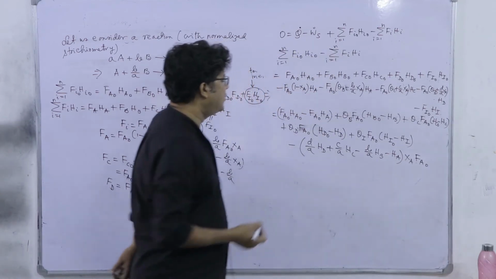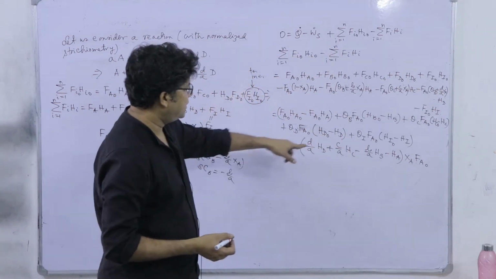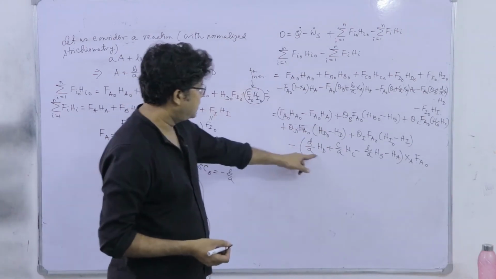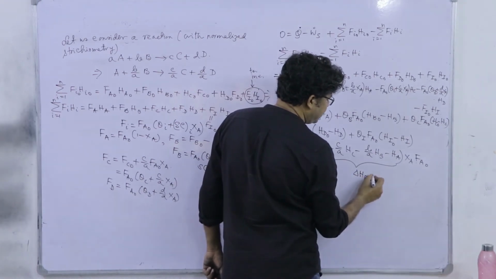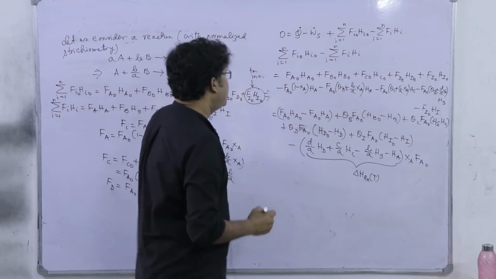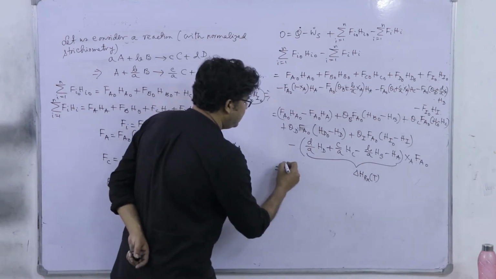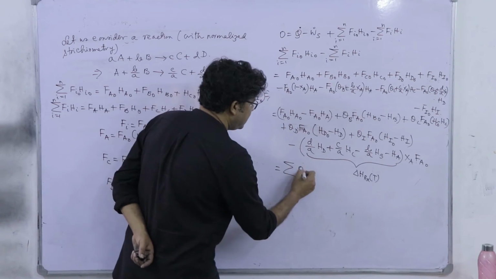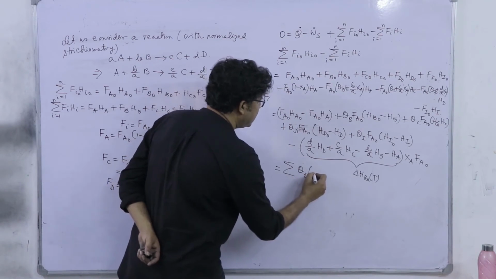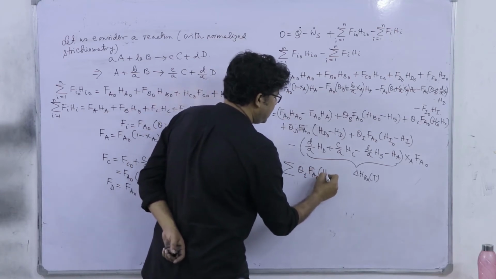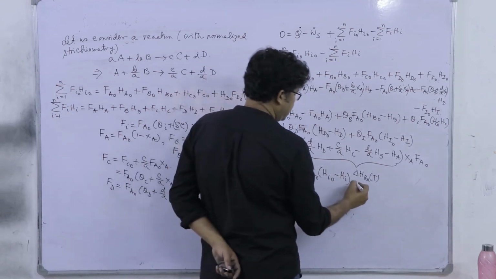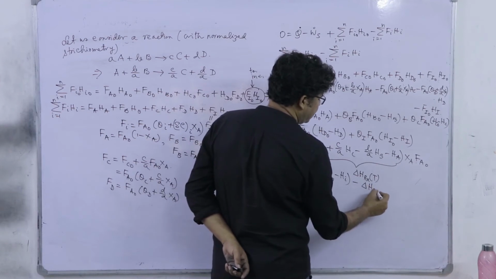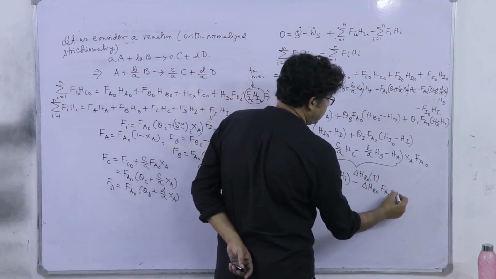The inert term will not come here. And this entire first bracketed term is nothing but the heat of reaction at temperature T. So finally, we can write this as theta I into Fa naught, the limiting reactant, into (Hi naught minus Hi), minus delta H Rx into Fa naught into Xa.